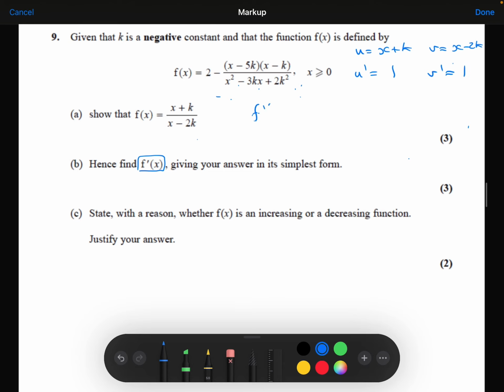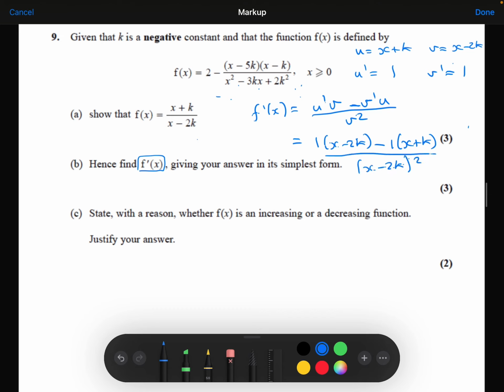Now remembering that the quotient rule is u dash v minus v dash u all over v squared. So we would have 1 times x minus 2k minus 1 times x plus k all over the v squared.